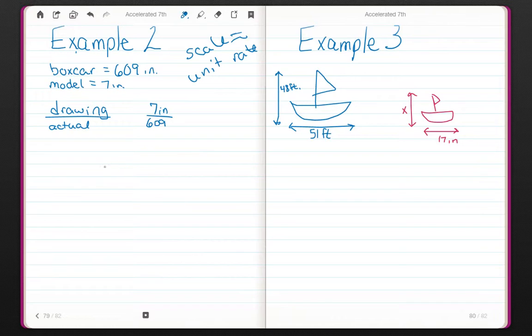So I'm going to divide, and 7 divided by 609 is 1/87. So this is my actual scale. 1 inch in my drawing equals 87 inches on my actual boxcar.